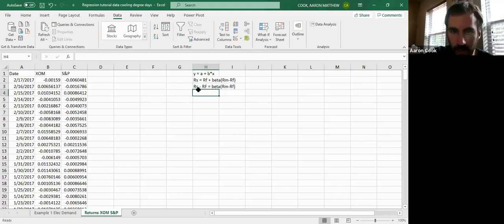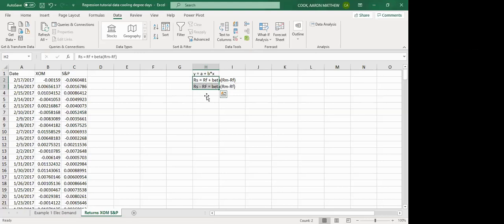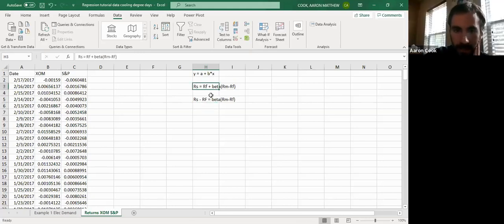We're going to move the risk-free rate from the right-hand side to the left-hand side, and that's going to be our y variable. So our y variable is now RS minus RF. And our x variable is then going to be RM minus RF.